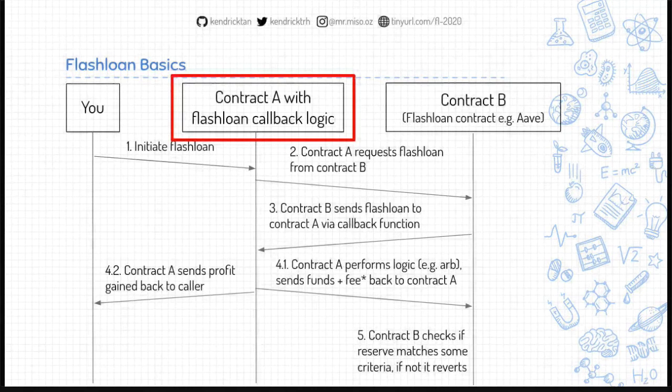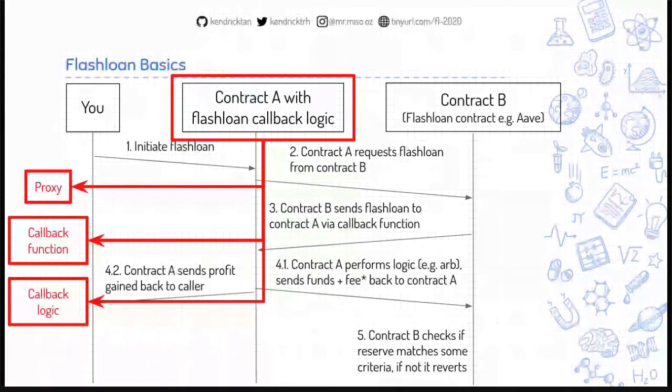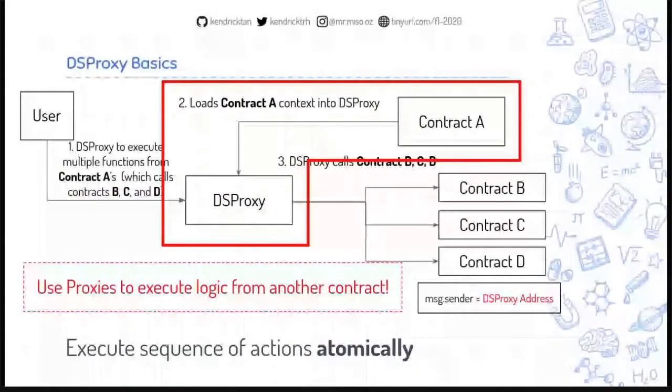And we can generalize it into 3 different sections, which is a proxy, a callback function, and the callback logic. The reason we're able to generalize it to a proxy and callback logic is, if you recall, we can use proxies to execute logic from another contract.